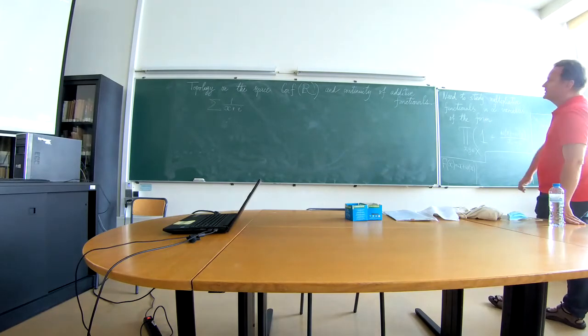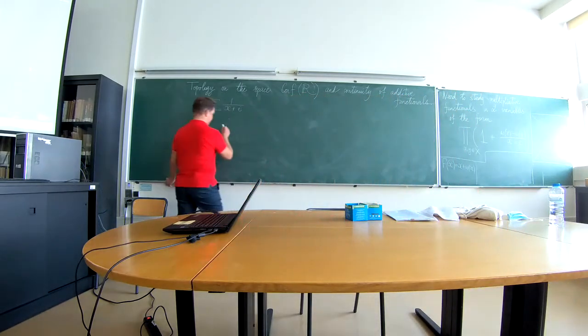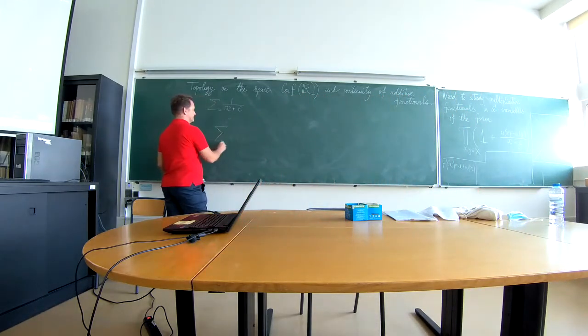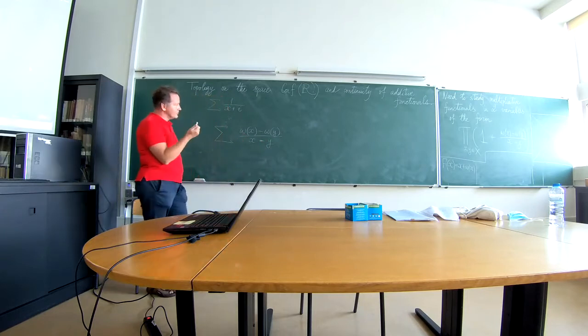So then also for functions of two variables, if I have a function of two variables, this one, then it also becomes continuous because, how do I explain myself?